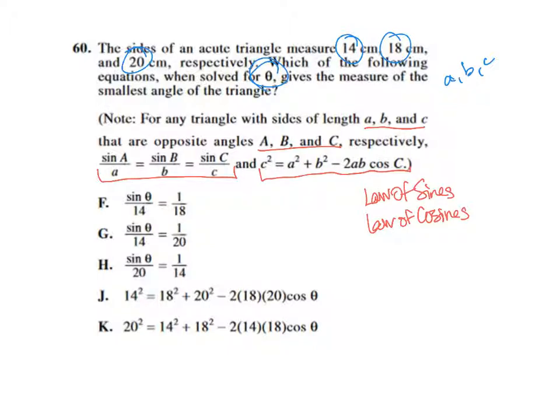When I look at these two different laws, in the first law, the law of sines, notice that the way this works is you only look at two ratios at a time. So I'm either looking at sine A over a equals sine B over b, or sine B over b equals sine C over c, or sine A over a equals sine C over c. So even though there's three equations, we can only look at two at a time. The big thing to take away is what the variables represent.